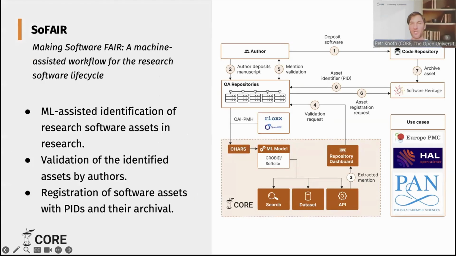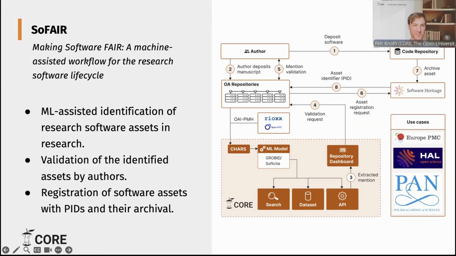Another example, which I think could be really interesting for this community, is a project which I happen to be the coordinator of. It's called SoFAIR, and it's addressing reproducibility and credit for the creation of research software. This is also a project co-funded by TAČR in the Czech Republic, because we have the Brno University of Technology as one of the partners.